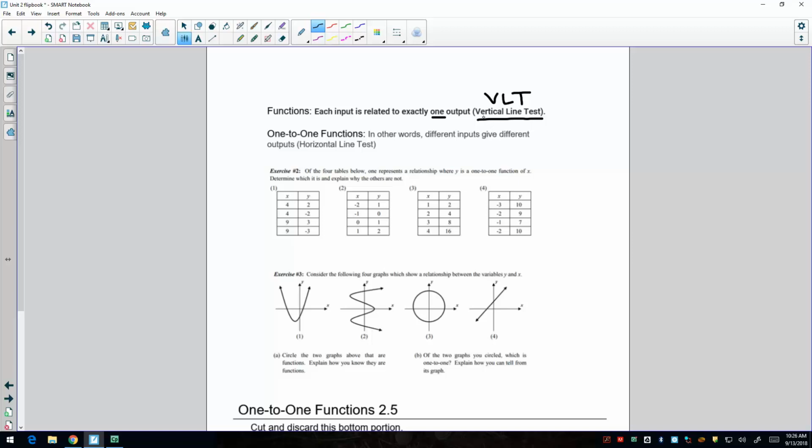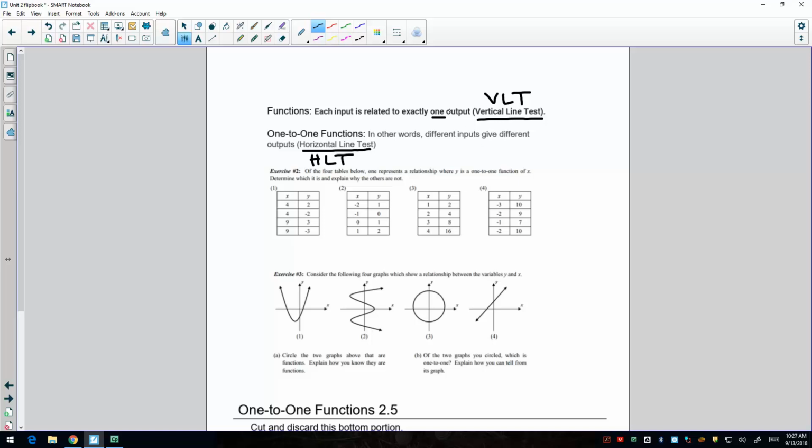Okay, so to tell if a function is or is not one-to-one, we use what we call, visually, the horizontal line test. If you don't have a graph, it's kind of the opposite of how to tell if it's a function.